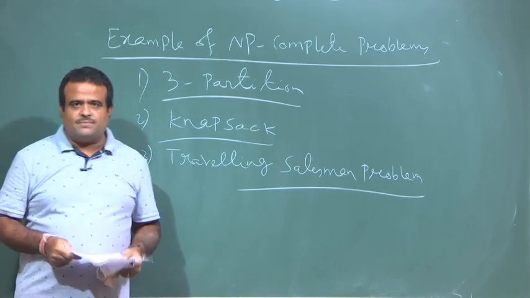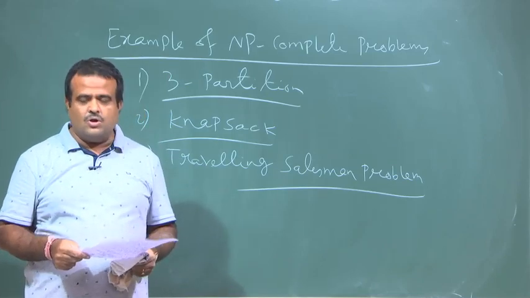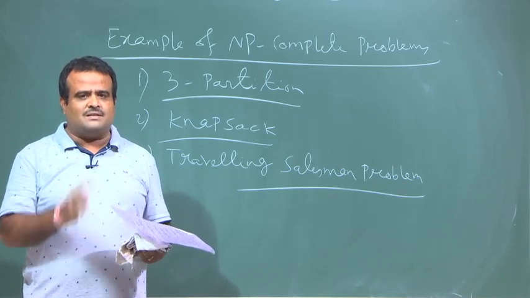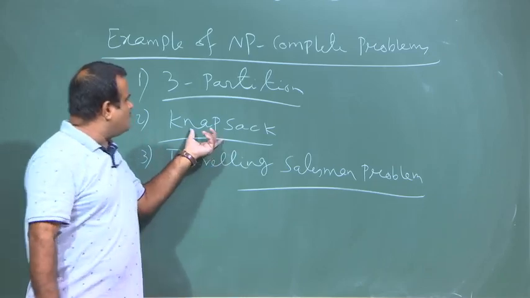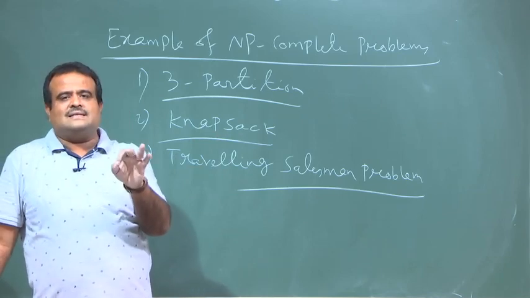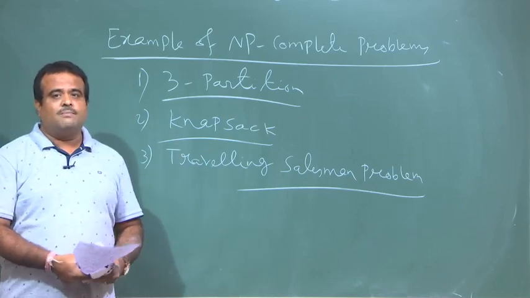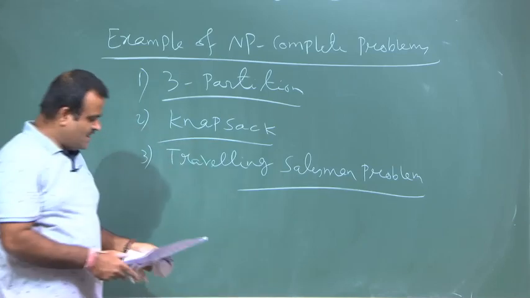It is a decision problem again, yes or no. Most problems have a decision version. The knapsack problem also: instead of finding the subset, the question is whether we can have a subset or not. That is the decision version of this problem, also called the subset sum problem.